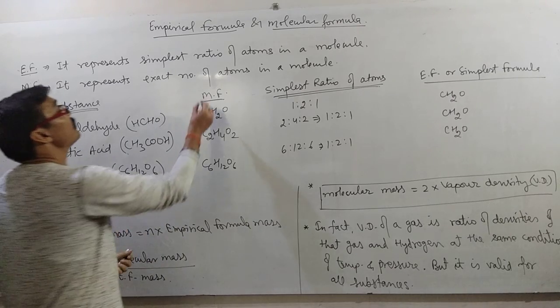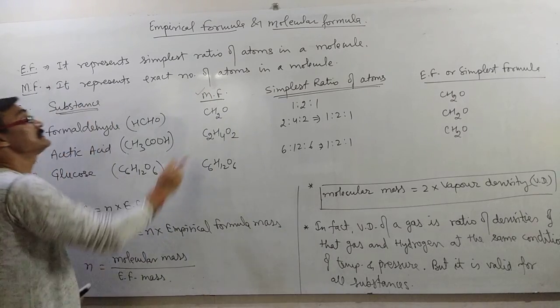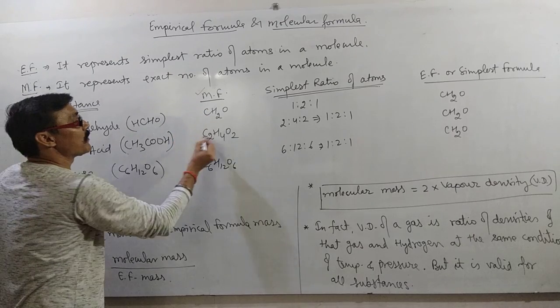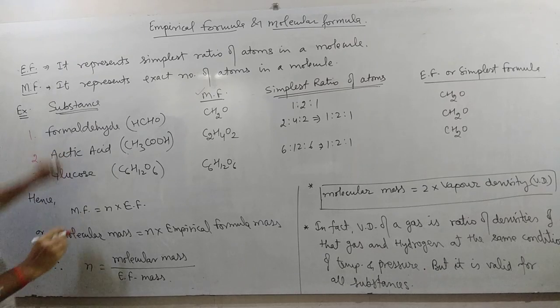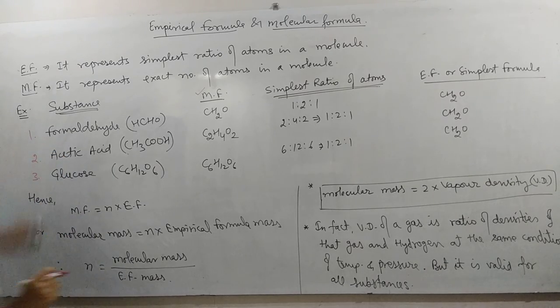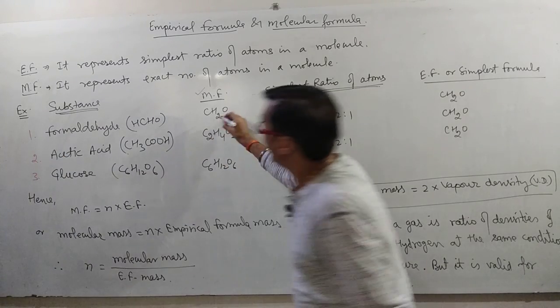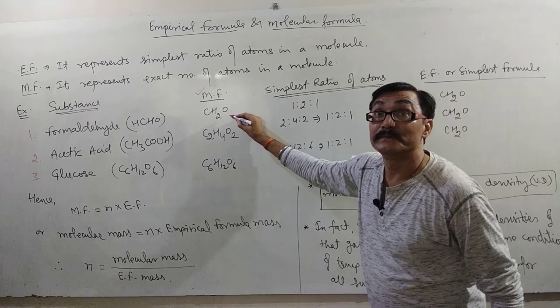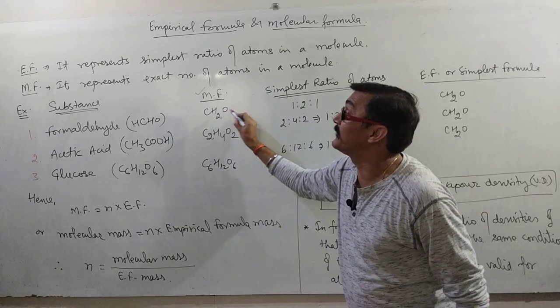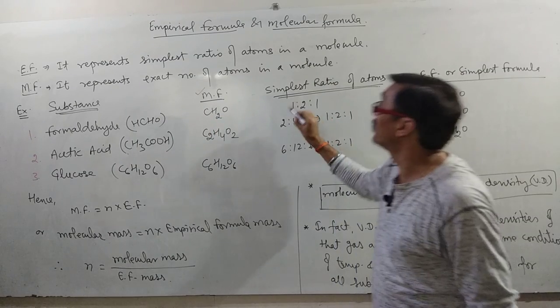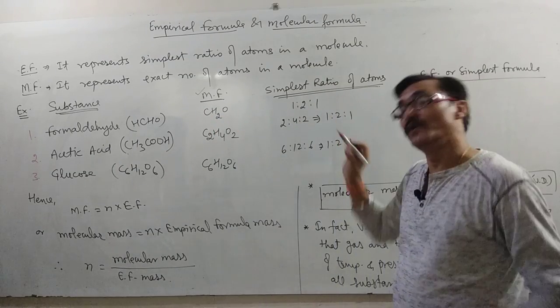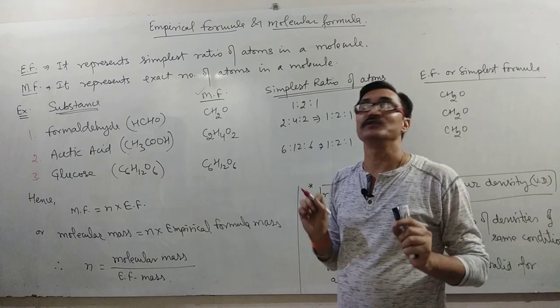Here these are molecular formulas because these are the exact number of atoms in one molecule of these substances. But in case of formaldehyde, the ratio of atoms of different elements, that is carbon, hydrogen and oxygen, is 1:2:1, which is the simplest ratio.